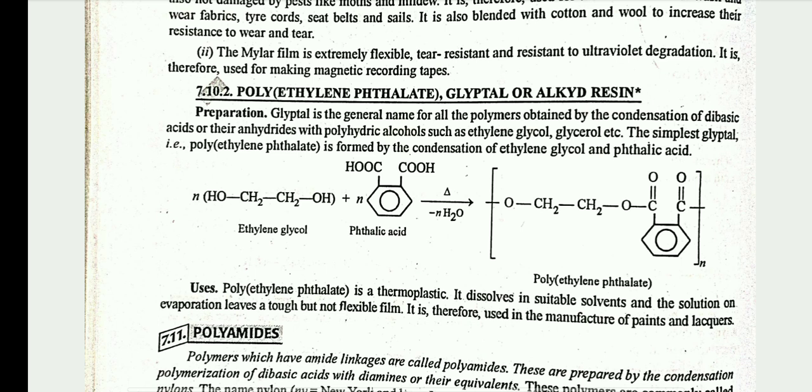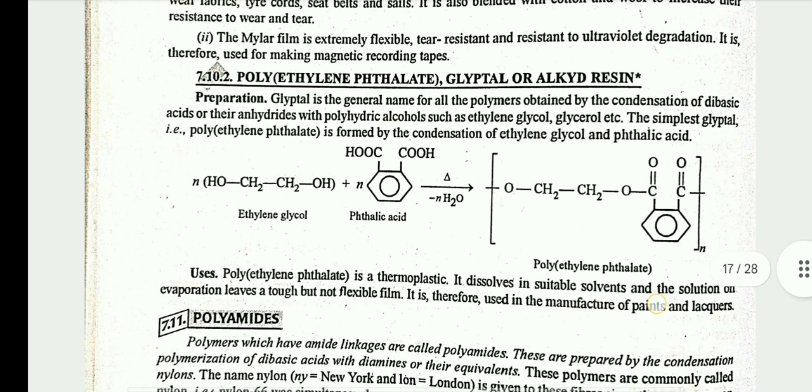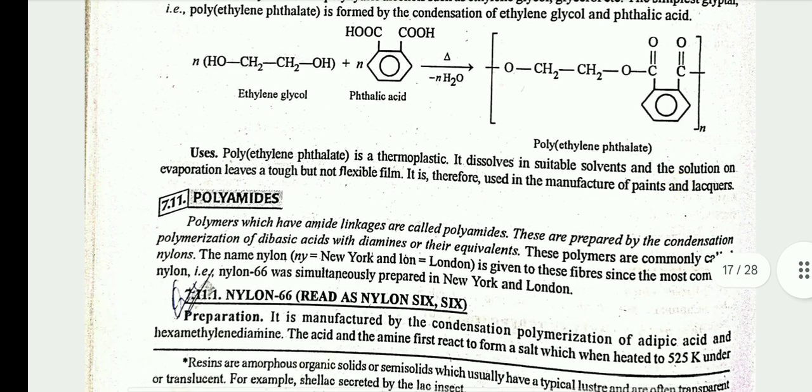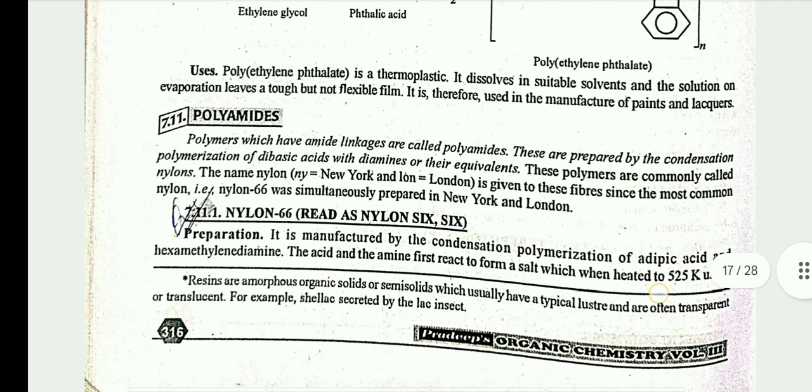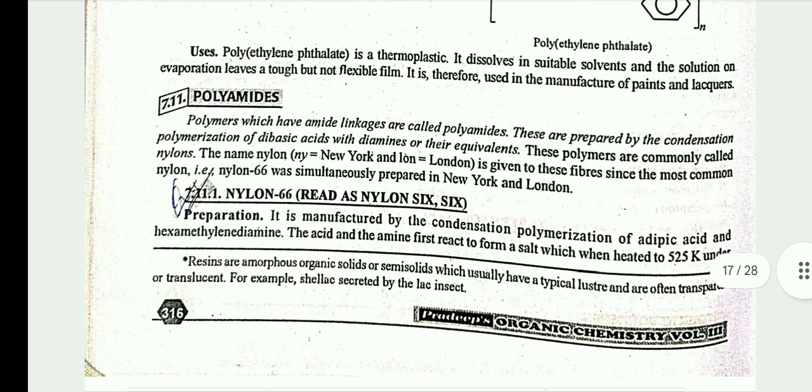The simplest glyptal is formed by the condensation of ethylene glycol and phthalic acid. Uses: it is a thermoplastic. It is soluble in organic solvents and the solution on evaporation leaves a tough but not flexible film. It is therefore used in the manufacture of paints and lacquers.